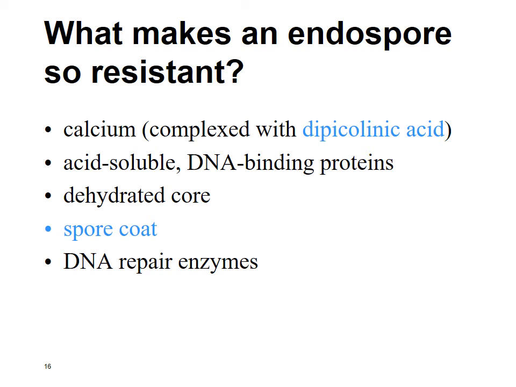The spore coat also seems to protect against enzymes and certain chemicals. Finally, endospores contain some DNA repair enzymes. So once the spore actually germinates, DNA is repaired by the enzymes and the cell becomes active again. So in summary, you could say that the resistance of endospores to environmental stresses is probably a combination of several factors.